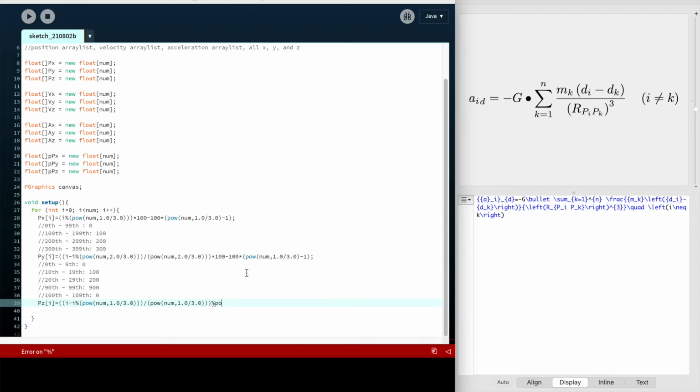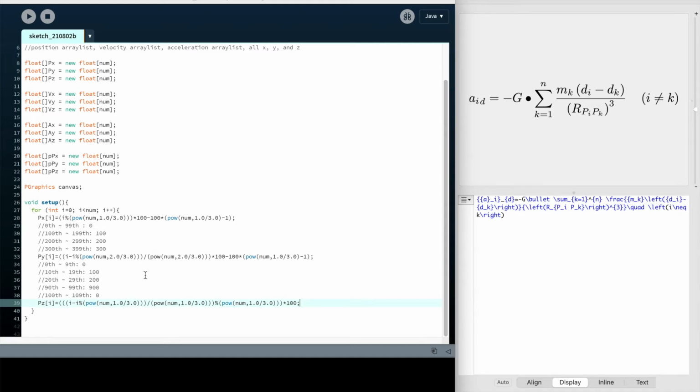So that by 10, so 10 being num, comma 1.0 divided by 3.0. And then now I multiply all of that by 100, and that's hopefully going to give me the right values.